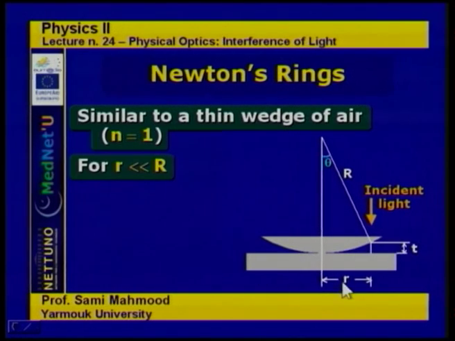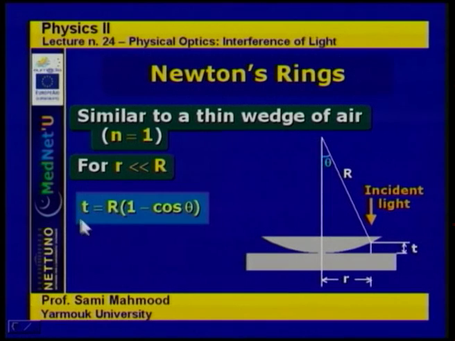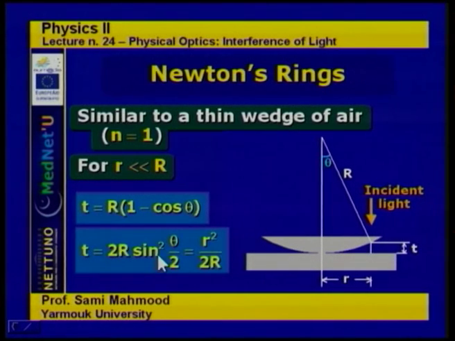And if this small r is much smaller than the radius of curvature of this surface, we have the approximation that t, the thickness of the air wedge, is equal to r times (1−cosθ), and this is equal to 2r sin²(θ/2), which is r²/2R.